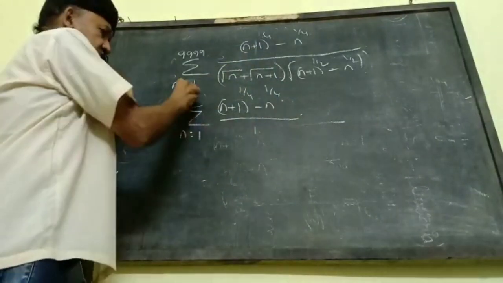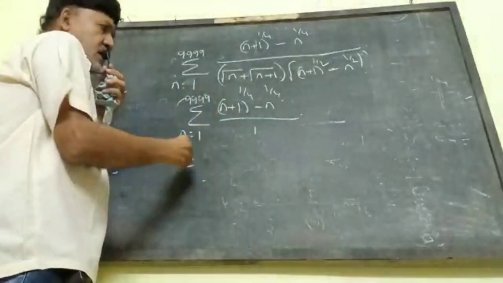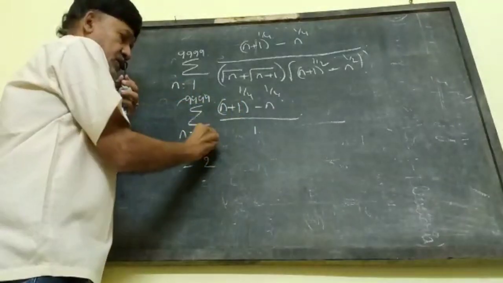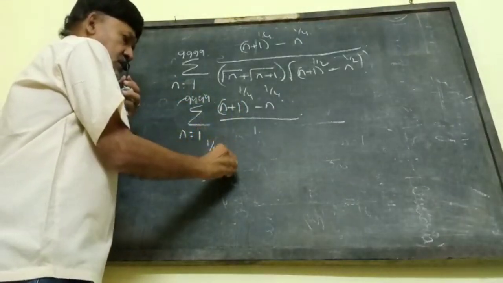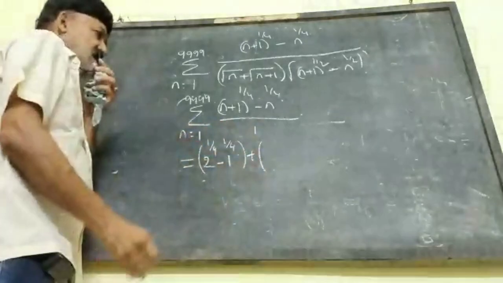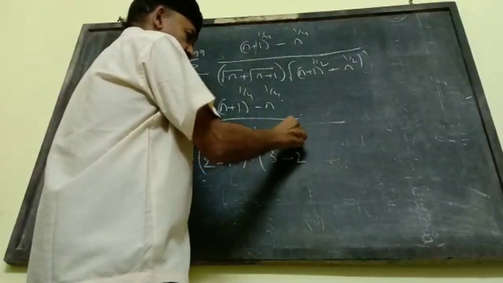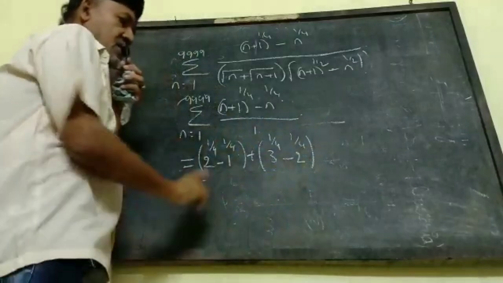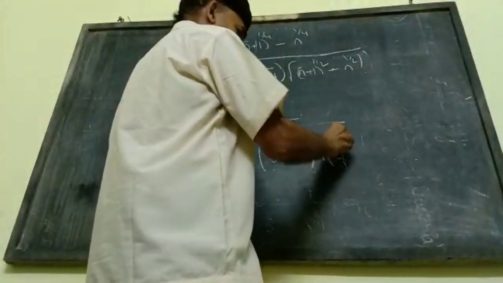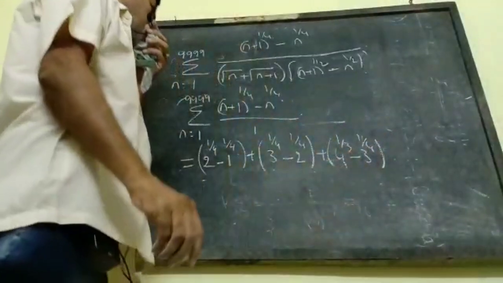n value ranges 1 to this. When you range n values, n is 1 you put: 2 power 1 by 4 minus 1 power 1 by 4, plus 3 power 1 by 4 minus 2 power 1 by 4, plus 4 power 1 by 4 minus 3 power 1 by 4.